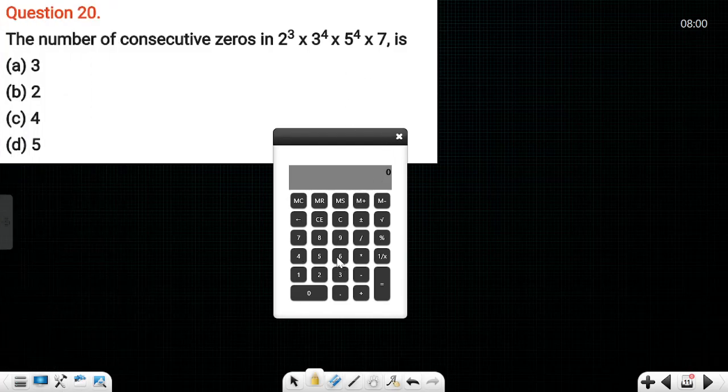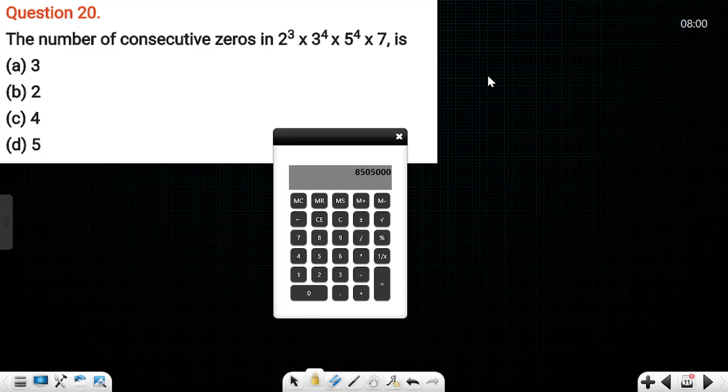So 2 cube means 8 into 3 power 4, 81, next 5 power 4, 625, into 7. How many zeros came?